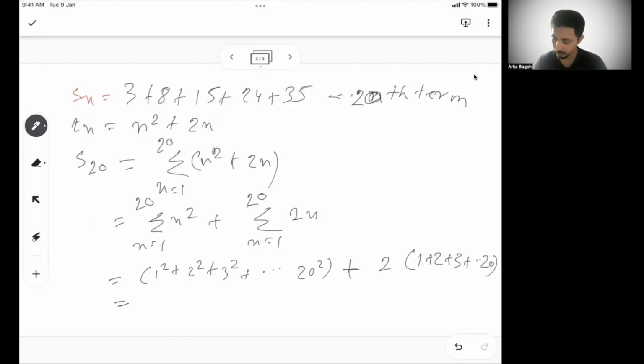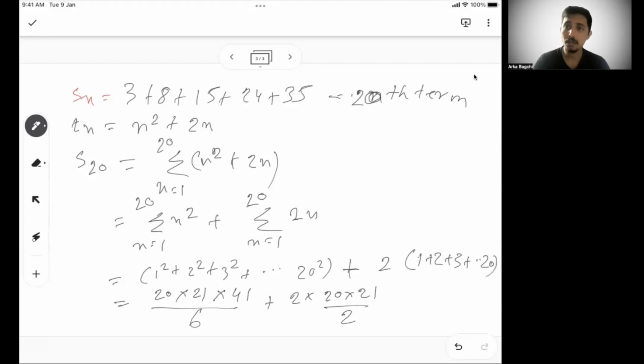In the first one, the formula for 1 square plus 2 square plus up to n square is n into n plus 1 into 2n plus 1 divided by 6, where n is 20 here, n plus 1 is 21, and 2n plus 1 is 41, 2 into 20 plus 1. And this one is n into n plus 1 by 2. So you just need to calculate this and you'll get the sum, right?